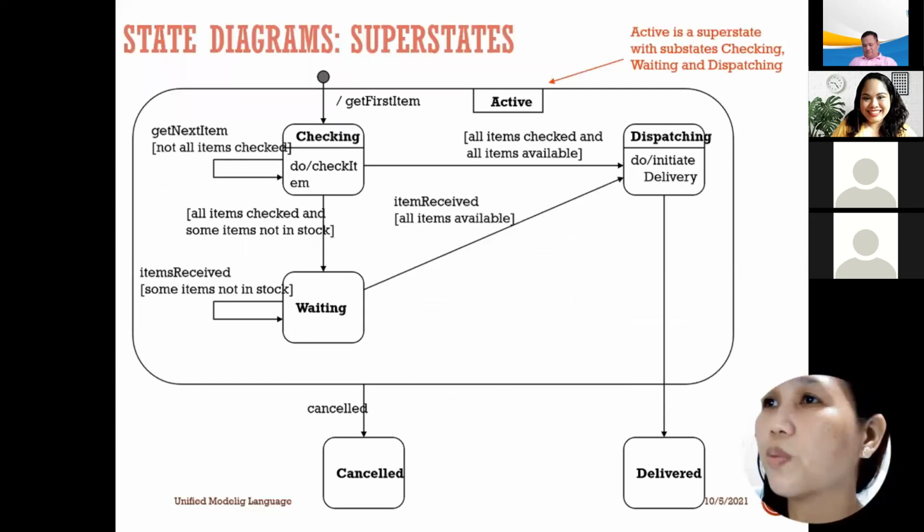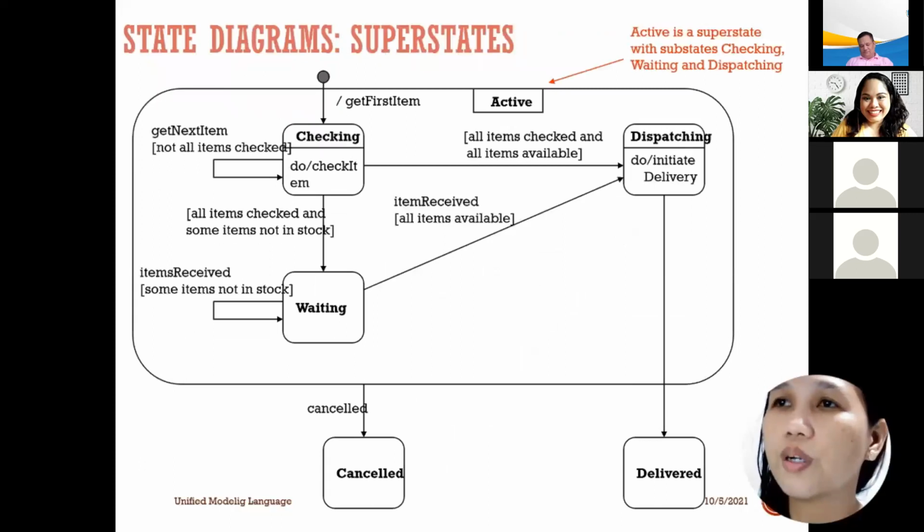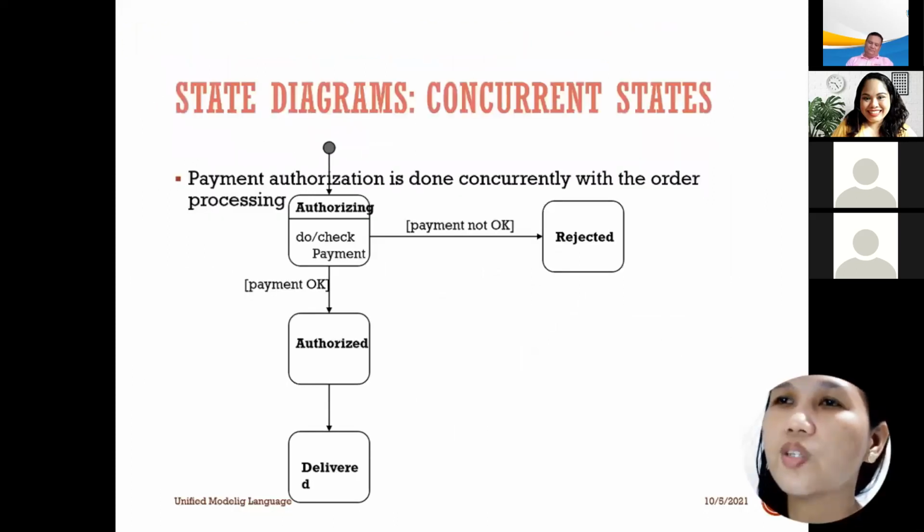Okay, this is the state diagram with a superstate. Active is a superstate with substates checking, waiting, and dispatching. We have here to get an item, the same process as a while ago, but as you can see, compared with the diagram on the order object, this is more organized, because if it's waiting, then definitely it's cancelled or delivered.